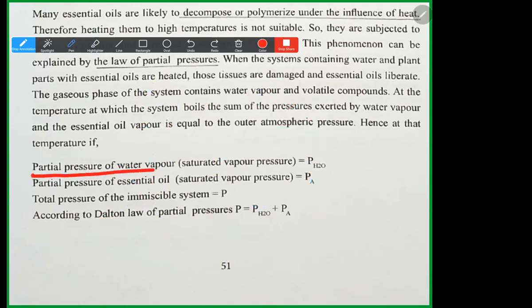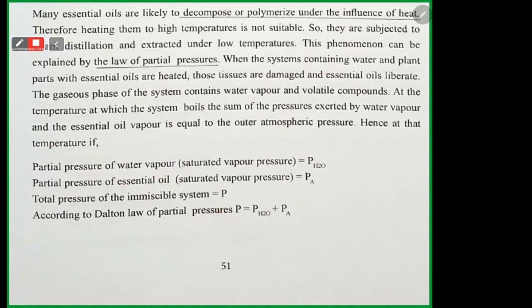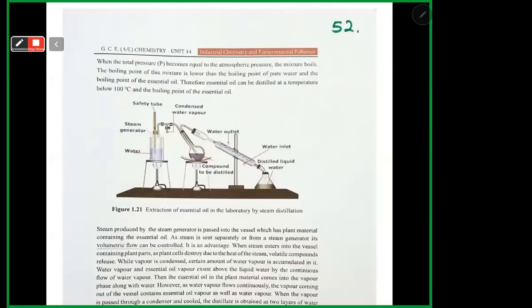The partial pressure of water equals its saturated vapor pressure, that is P naught H2O, and the partial pressure of the essential oil equals its saturated vapor pressure, PA. If the total pressure is P, you can write it like this: P naught H2O plus P naught A equals the total pressure.